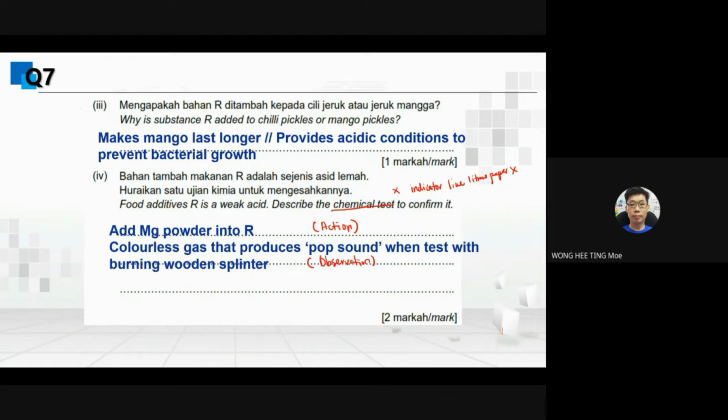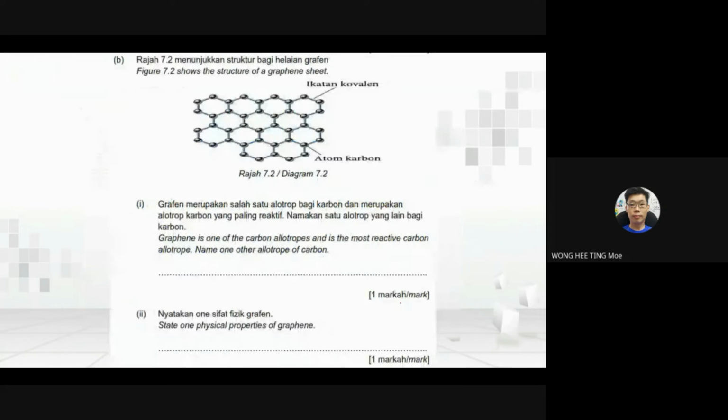Okay, if you want to use calcium carbonate, add in calcium carbonate into the R, and then colorless gas bubbles are released that turn the lime water cloudy when tested with lime water. Okay. If you can, don't use the word test, do the action again, even better. But here 2 marks only, should be no problem. Okay?